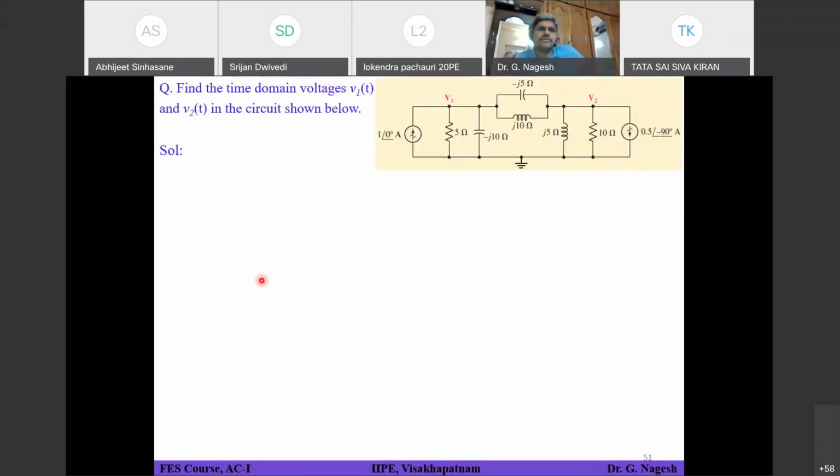Find the time domain voltages V1 of t and V2 of t in the circuit shown below. First, check whether all elements are given as impedances or not.